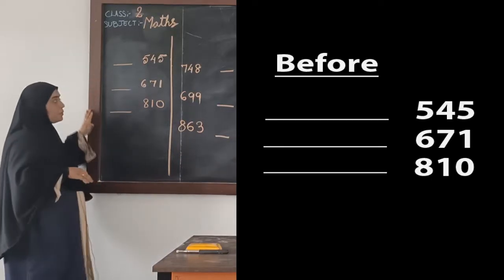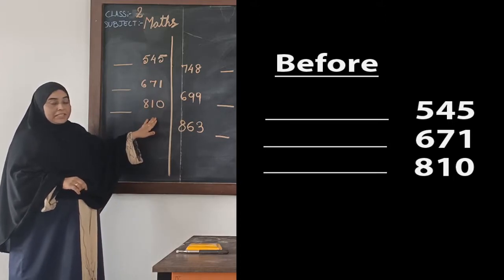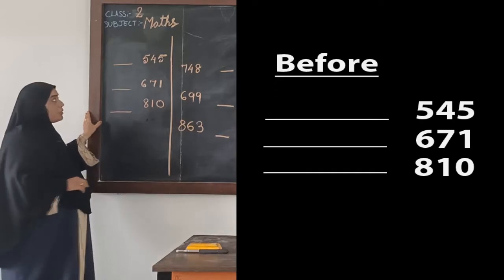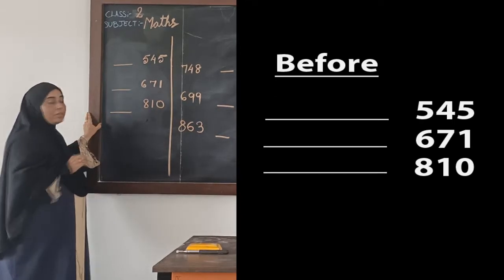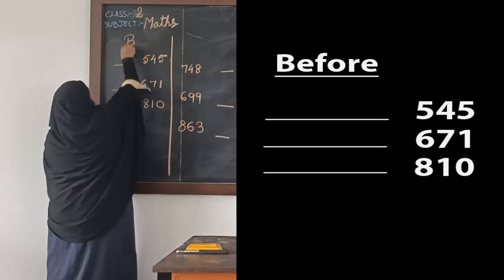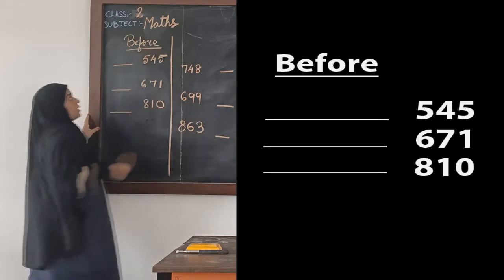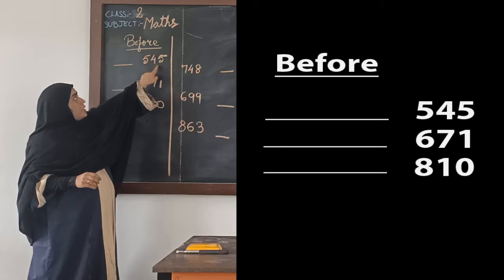The first column, if you see here, I have written a few 3-digit numbers, and before them I have kept the blanks. Now we are going to write the numbers that come just before the given numbers. The first number that we have is 545.